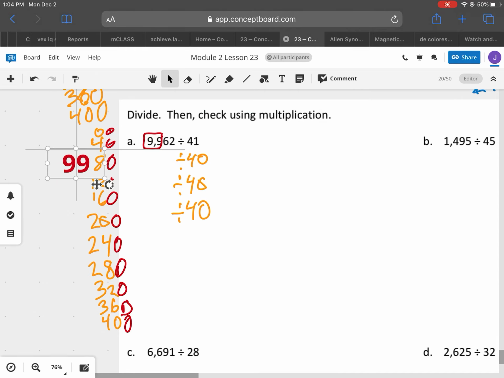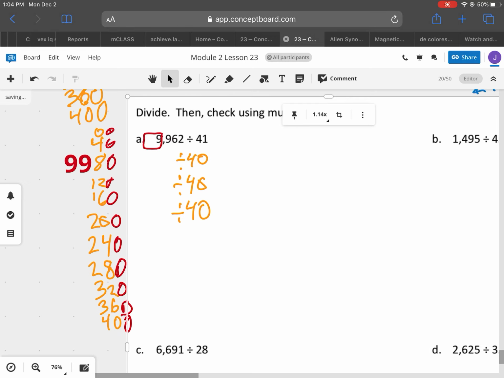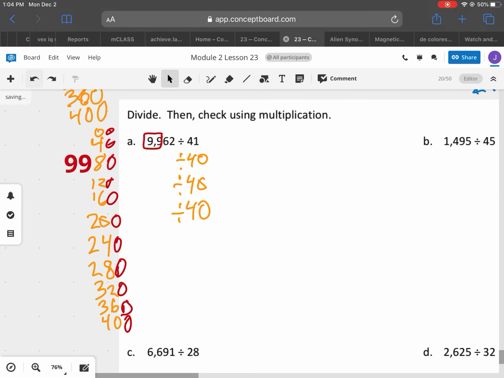And the answer is 80. And that's our second one. So we're going to do 80 divided by 40, which will give me 200.